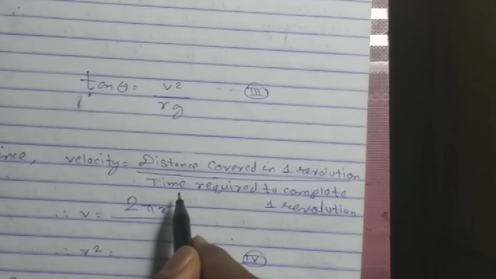The distance covered in one revolution is the circumference of a circle, which is 2 pi r, and the time required to complete one revolution is called the period of time, capital T. So v equals 2 pi r upon T. If I square the left hand side, I have to square the right hand side also, so v square equals 4 pi square r square upon T square.